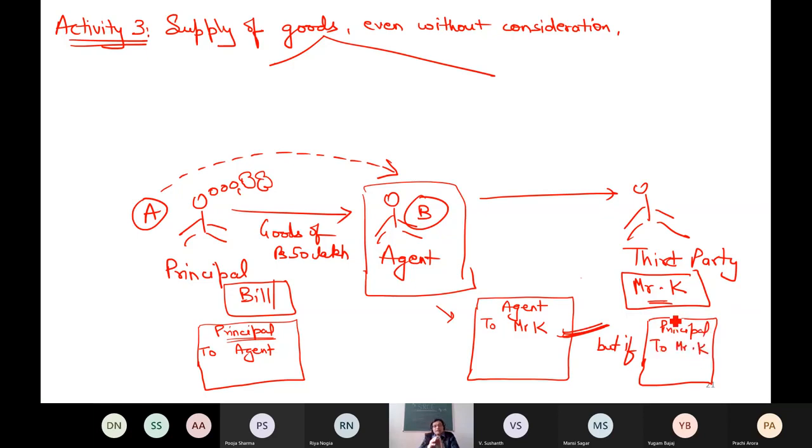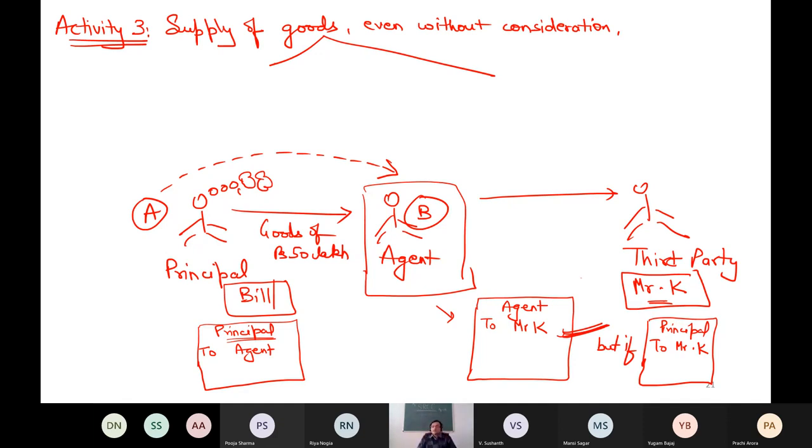you should not say that I am the agent. You are only the commission agent then. Otherwise, you have no power. When the invoice is issued in the name of the principal, in spite of you being the agent of the principal, then what power do you have? You are nothing but only a commission agent in that case. Agent in the true sense means you have all the powers of the principal.